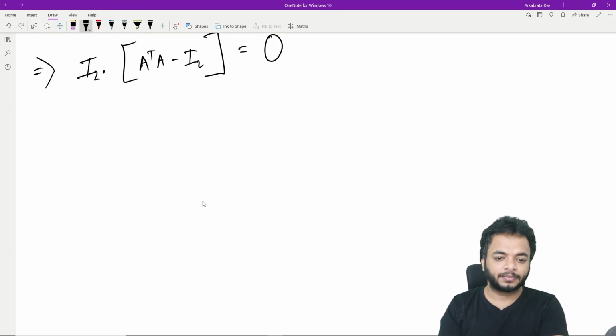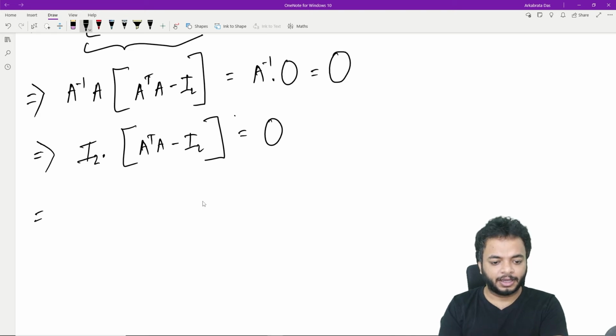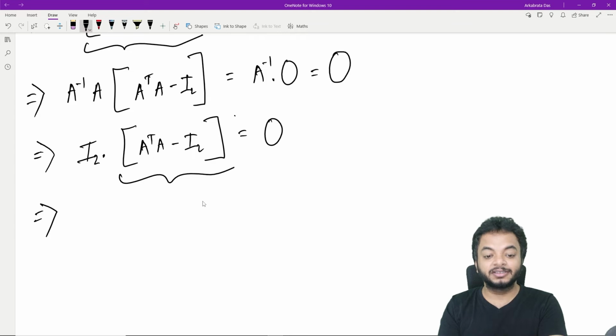So we have identity times some matrix. This is also a matrix, after all. So identity times this matrix would be again the same matrix.